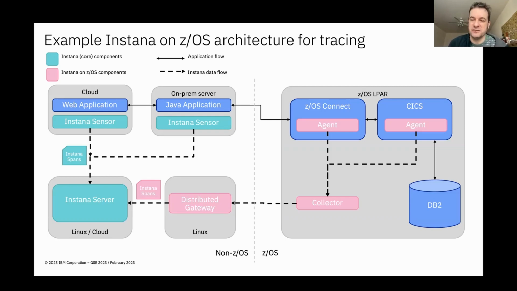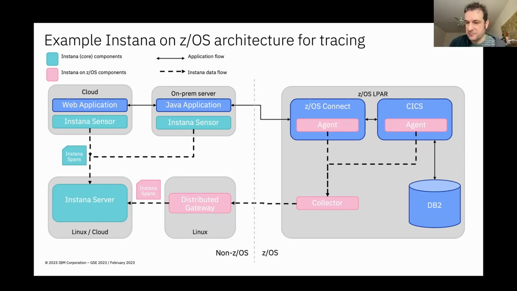trace information. If we take the z/OS Connect example, as the transaction comes through, our interceptor will look and say, is Instana tracing this application? If yes, okay, we'll gather the information and send it back. Same within CICS, where we look at a user exit and say, is this transaction being traced? Yes, okay, we'll gather the basic information about it.